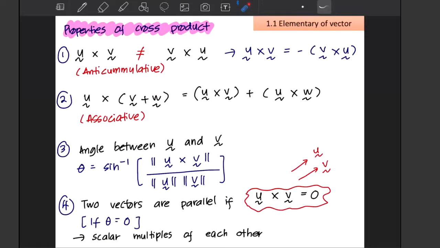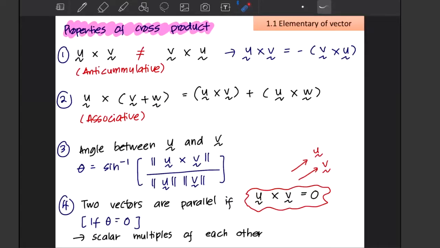So theta here is the angle between U and V. It's the inverse of sine, U cross V, and you find the magnitude, then divide by the magnitude of U and the magnitude of V. And the last property of the cross product: two vectors are parallel if U cross V equals 0. This is U and this is V, parallel.